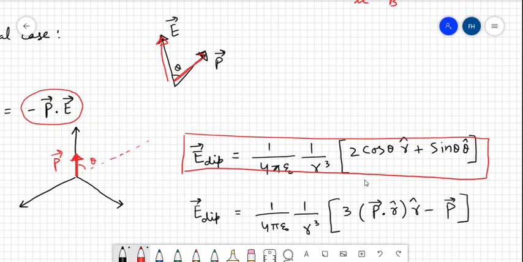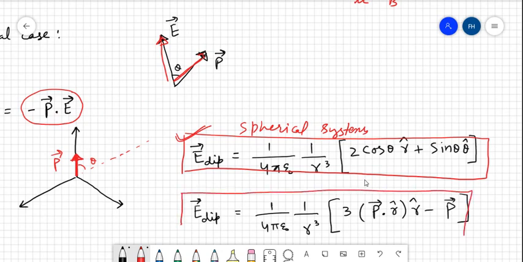We have already discussed that this equation is only used in spherical systems. And if we want the coordinate-free equation, this was the equation that we derived. This is the coordinate independent form, and the other one is only used for spherical coordinates.